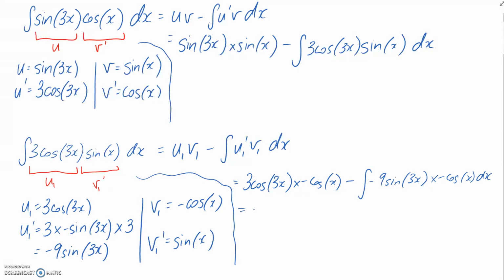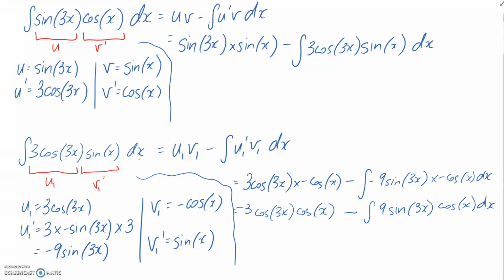Let's clean this up a little bit. So we've got 3 cos of 3x, and it's going to be a negative from the negative here, equals. And then we've got a triple negative going in here, so overall that's going to be negative. And it's going to simplify to 9 sine 3x cos x dx.